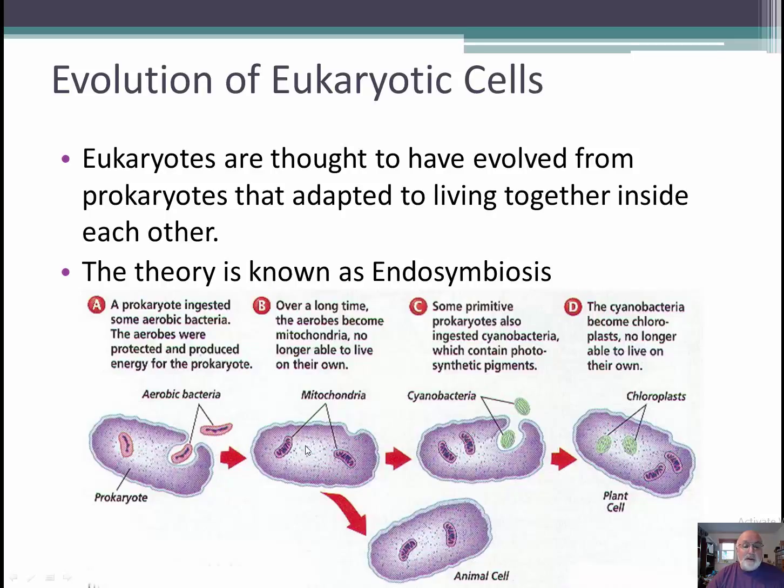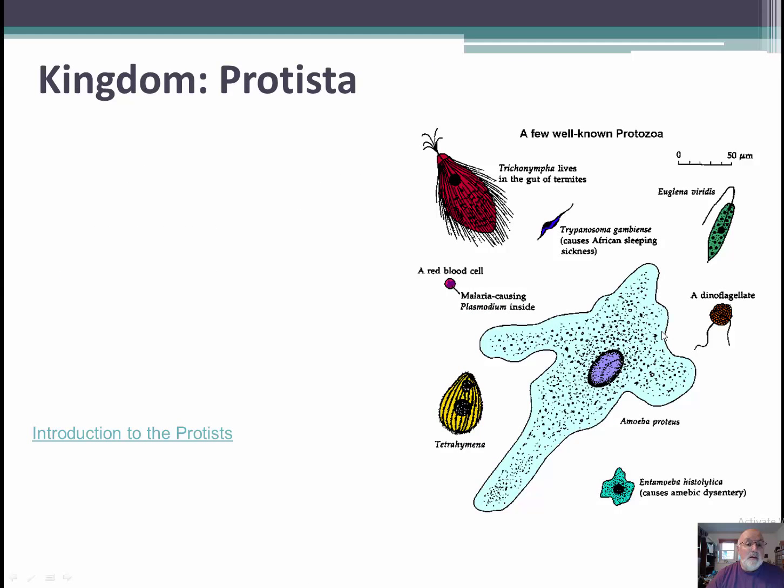And then they became mitochondria, and those mitochondria came over to make animal cells, the roundish sort of shapes. And then we also had other types of cells that had the mitochondria that invited other prokaryotic, autotrophic type material, which are going to end up being chloroplasts in the plant cells, a more angular shape. So you can take a look at the A, B, C, and D too if you wish.